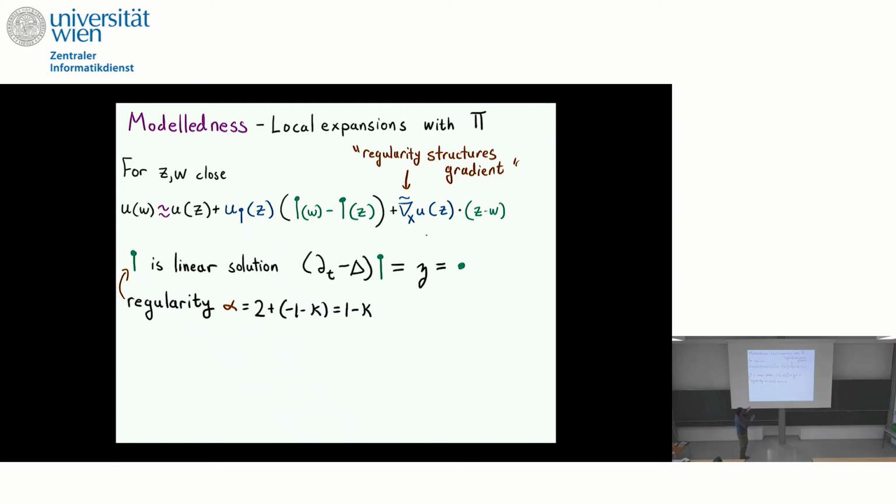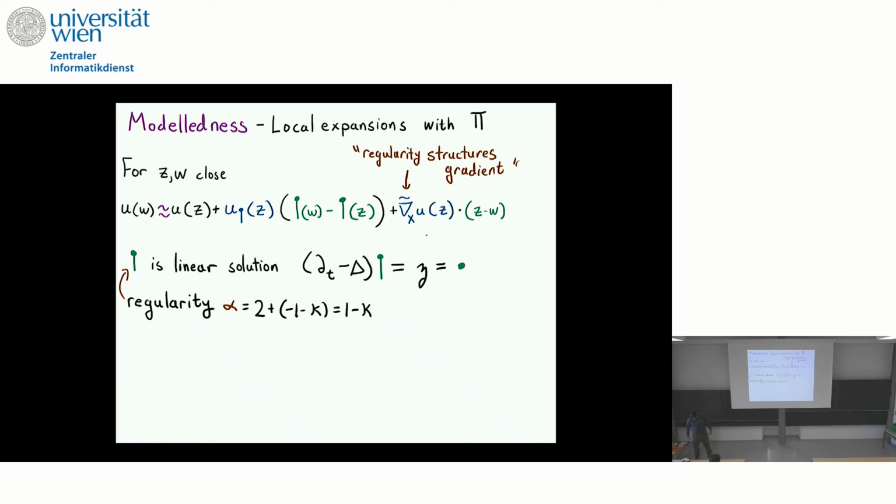And here there's a new kind of non-classical monomial, which is given by just the linear solution of the stochastic heat equation. So that's what this lollipop is. And in what follows, I'm going to use the regularity of this lollipop as my running parameter instead of kappa. So this alpha is going to just be 1 minus kappa.